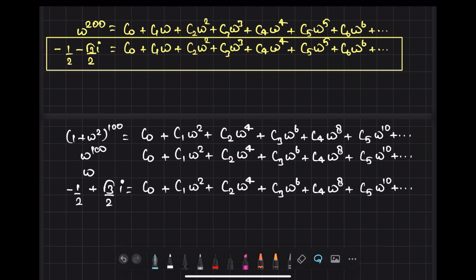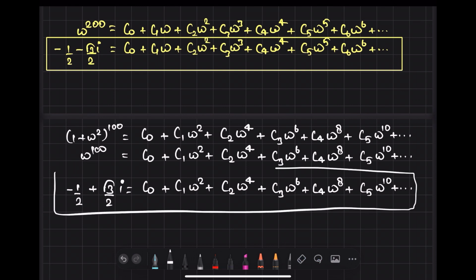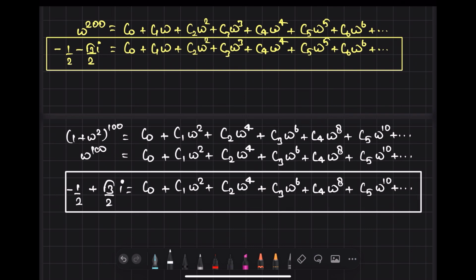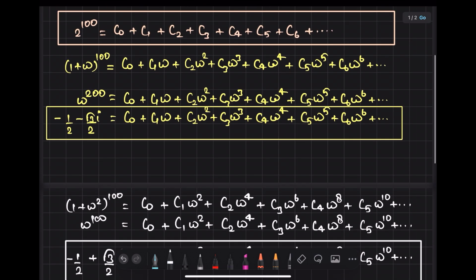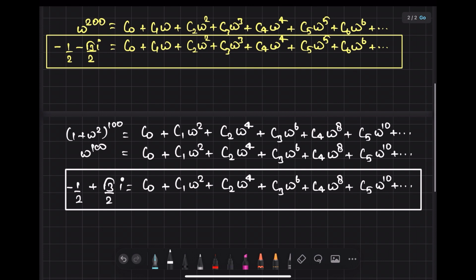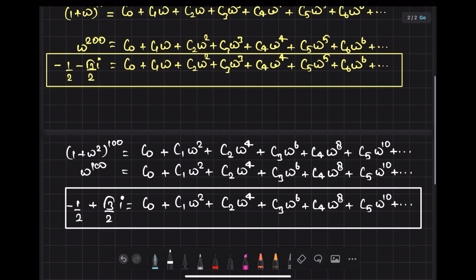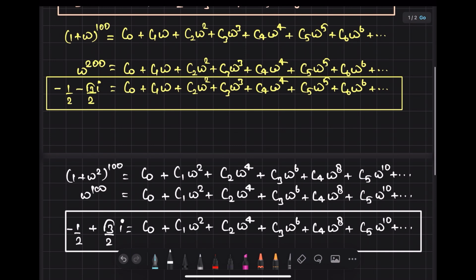Okay, now I will erase this thing. I hope till this part you guys are comfortable. Now what I will do, I will add all the three equations. So look at this, 2 power 100 plus this, both are negative. So this thing is positive, this thing will be neutralized on the left hand side, and the minus 1 by 2 and minus 1 by 2 will become 1.